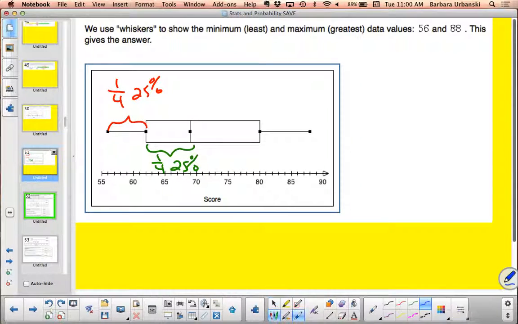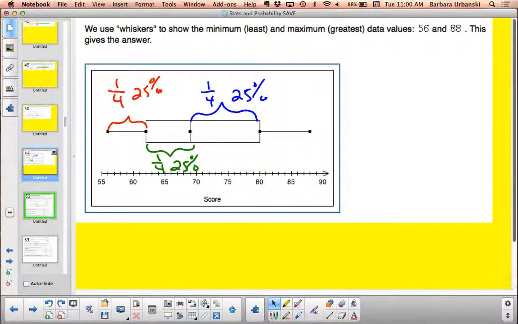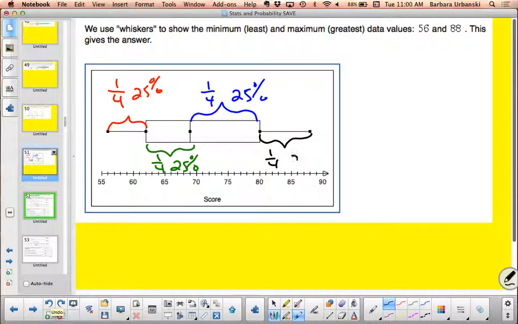And then from the median to the upper quartile, we still have 1/4 or 25% of our information. And then obviously the same holds true with your upper section, 1/4 or 25% of your information. This is how you would look at a box and whisker plot.